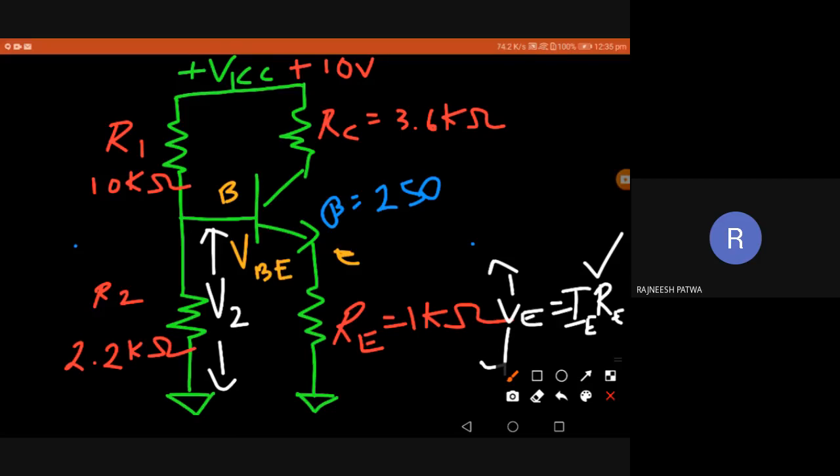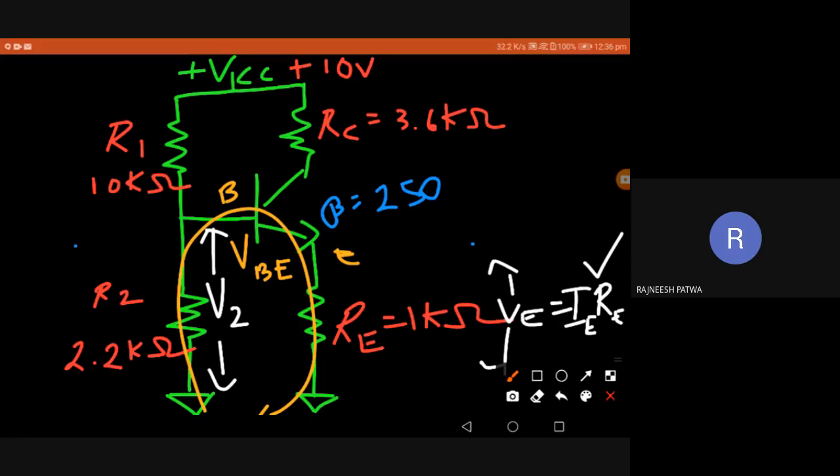Another very simple thing is V2. If you take Kirchhoff's law, from this point in the clockwise direction, V2 voltage will be dropped across VBE and RE. This is simple Kirchhoff's law.